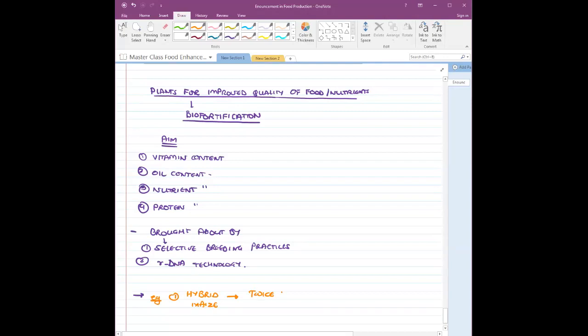So this is going to have twice the amount of lysine and tryptophan. Okay, these lysine and tryptophan are nothing but your amino acids.